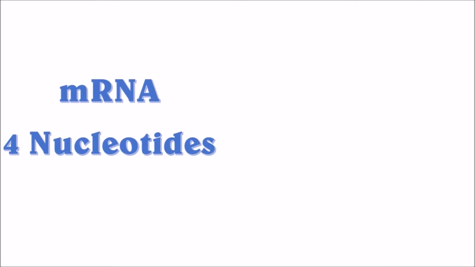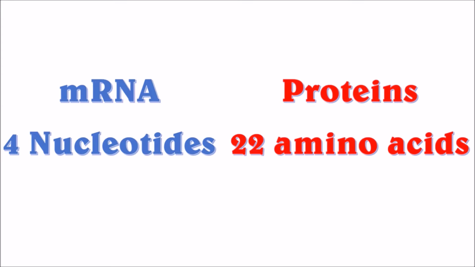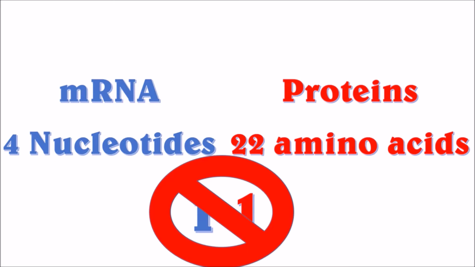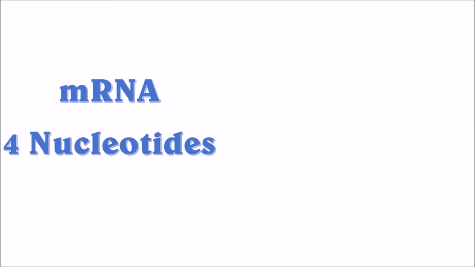Check it. mRNA transcripts are composed of a sequence of 4 nucleotides. Proteins are composed of 20 amino acids. It is impossible that for every nucleotide there'll be an amino acid, because that is basically 4 amino acids only. So scientists started thinking about making combinations of nucleotides.